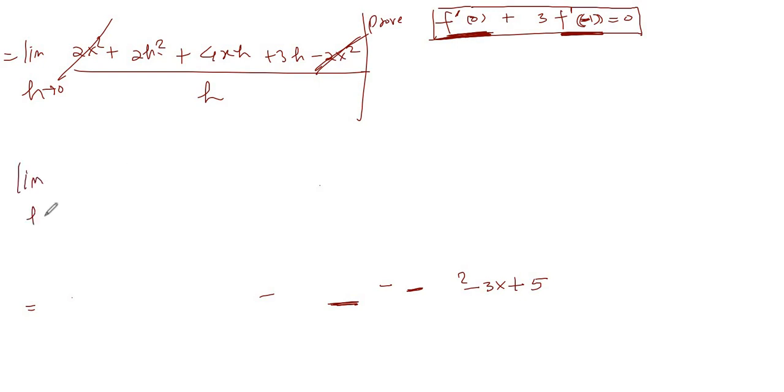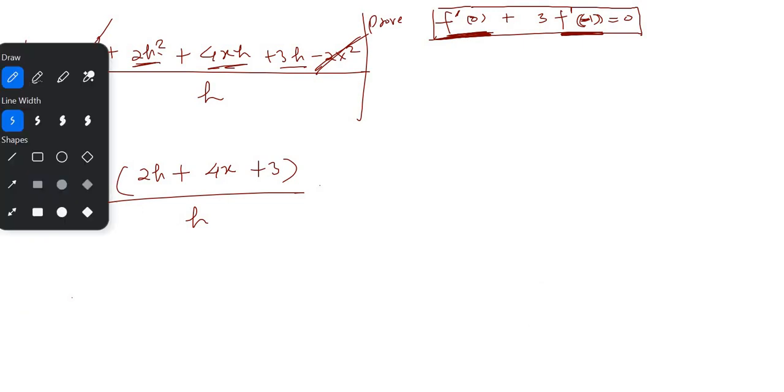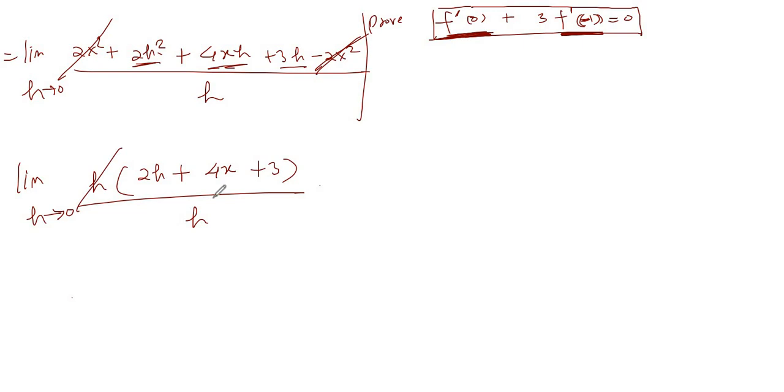So let me write limit h tending to 0. Anything common here? h is common. So h(2h plus 4x plus 3) by h. Now what is cancelling here? h and h are cancelling.